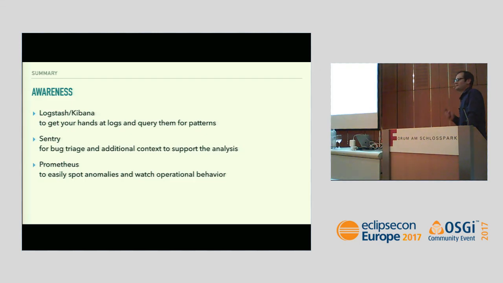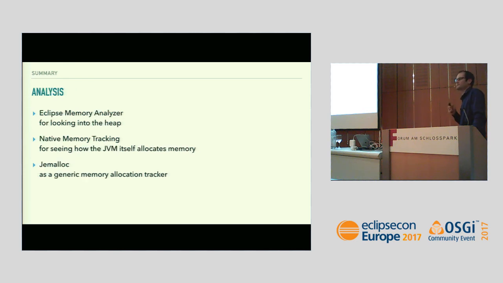So, as a summary, the important thing is, as we cannot have direct access and cannot look into such a gateway, we need to be aware of what's going on there. With different privacy levels and security levels, we need to get as much information out of them using Kibana, Sentry, Prometheus.